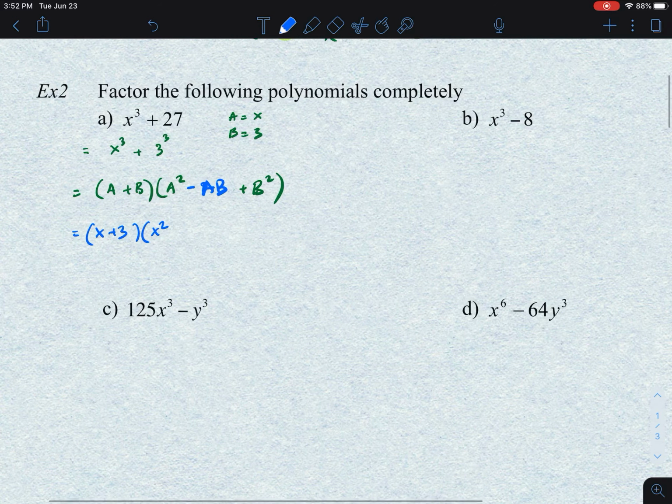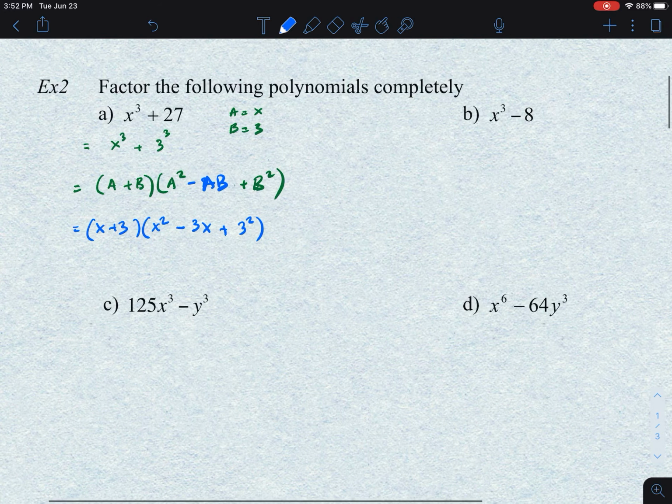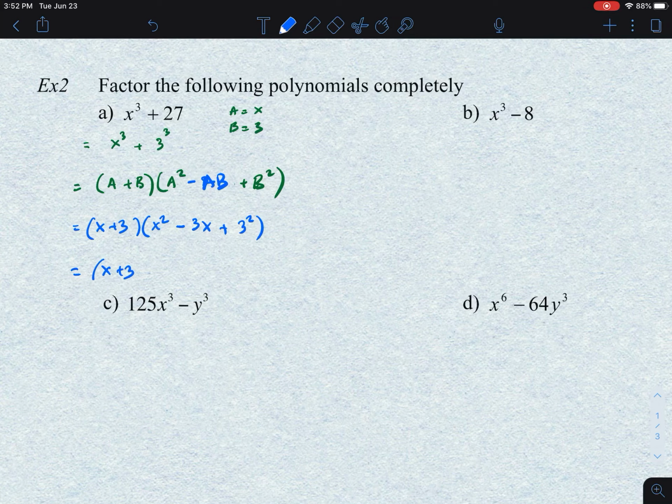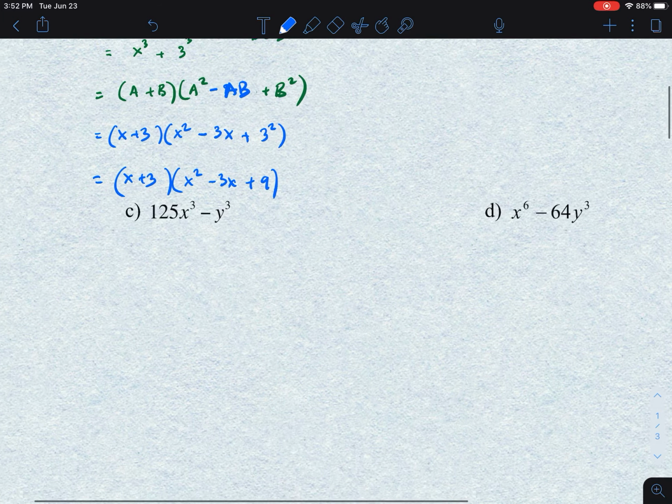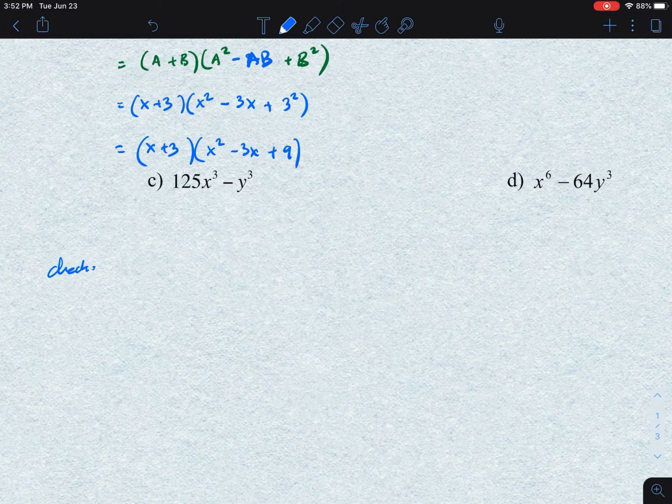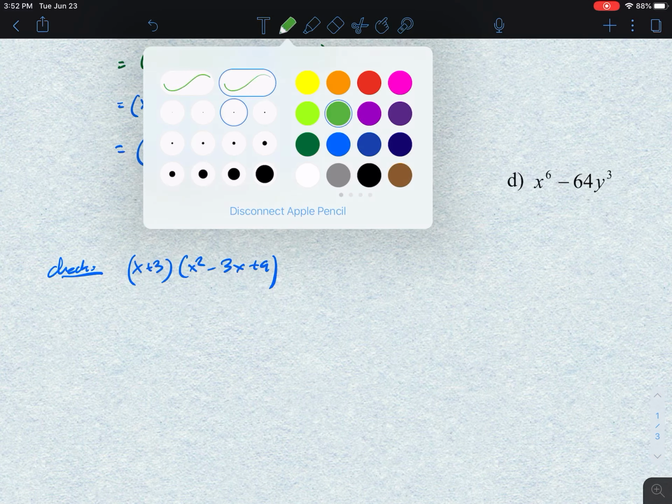So in this case, a is going to be x and b is going to be 3, so minus 3x, plus b squared, which is 3 squared, right there. So that becomes x plus 3 times x squared minus 3x plus 9. And then we can check this really quick. Okay, x plus 3 times x squared minus 3x plus 9. Let's see if our factoring is correct.